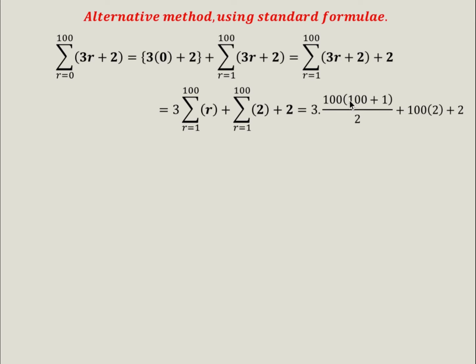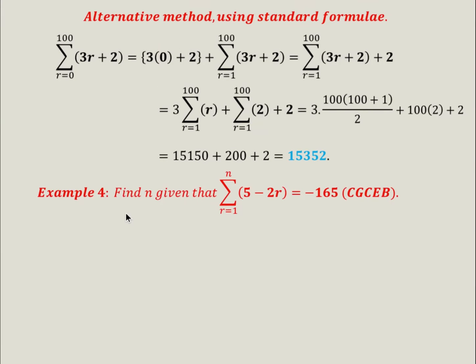The formula says n into n plus 1 over 2, and n being 100, we then have 3 into 100 into 100 plus 1 over 2, plus summation from r equals 1 to 100 of 2, which simply means summing 2 from a count of 1 to a count of 100, and this means we are adding 2 100 times, corresponding to the product 200, and then plus the first term that we had pulled out, so that upon simplification we have 15,150 plus 200 plus 2, giving again 15,352, the result we had by applying directly the formula for the sum of an arithmetic series.